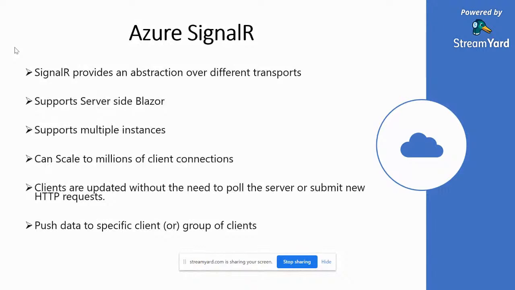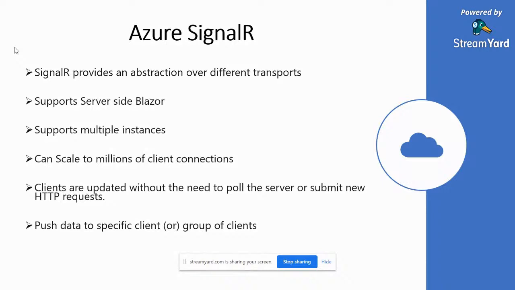And why exactly do we need to go for Azure SignalR service? It provides an abstraction over different transports. What I mean is that SignalR underneath makes use of whichever communication transport is available.